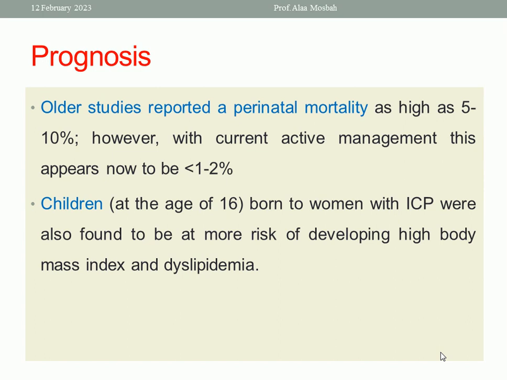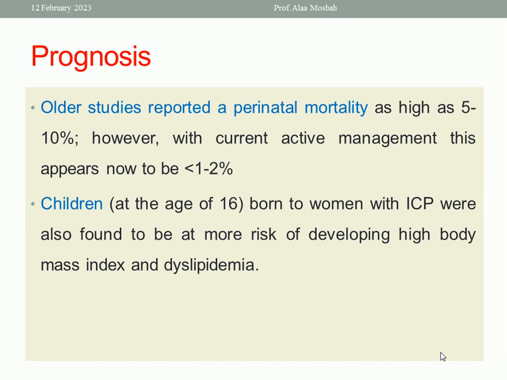You may do the delivery at 35, 36, maximum 37. And according to the bile acid, as I said before, the risk increases if serum bile acid is more than 40 micromole per liter. And the risk is very high if reaching 100 micromole per liter, as I said before.